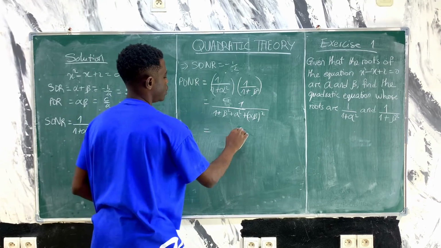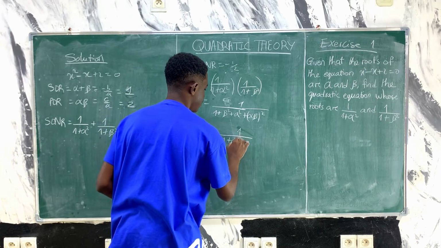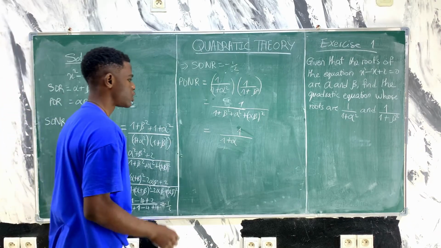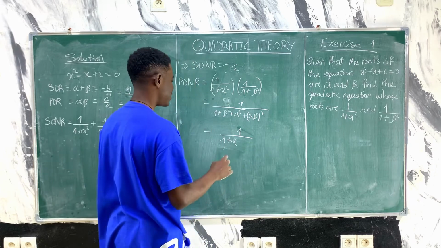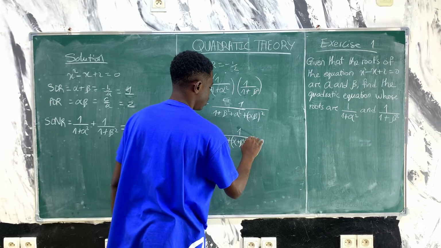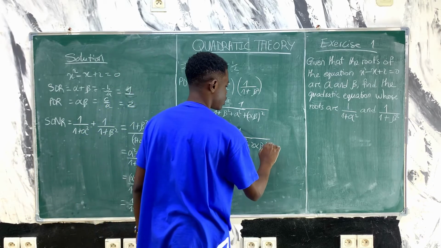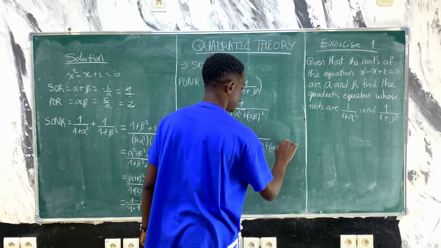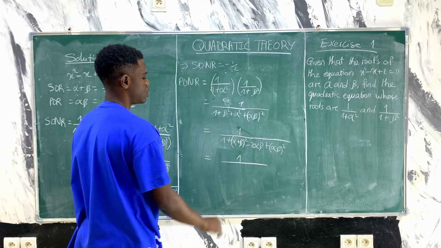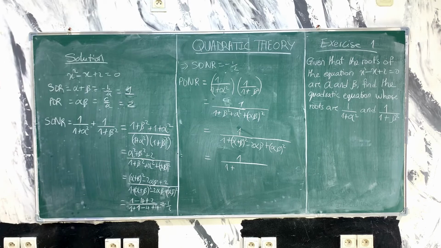So you have 1 on 1 plus alpha squared plus beta squared, which is alpha plus beta all squared minus 2 alpha beta, plus alpha beta all squared. Let me not skip steps. That will be equal to 1 on 1 plus alpha plus beta all squared. What's alpha plus beta?